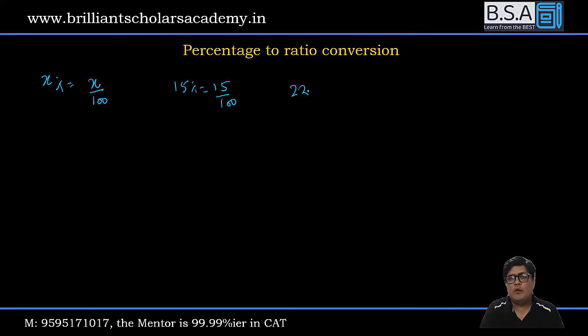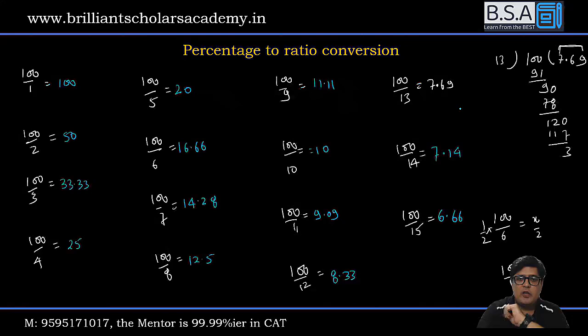You want 22%? 22 out of 100. For the definition of percentage, 100 must be below the number, in the denominator. Look at these values. Where is 100? 100 is the numerator here.